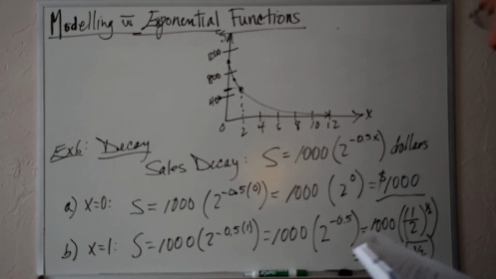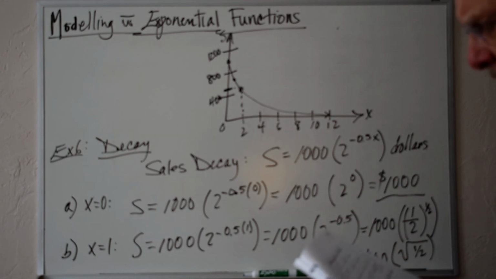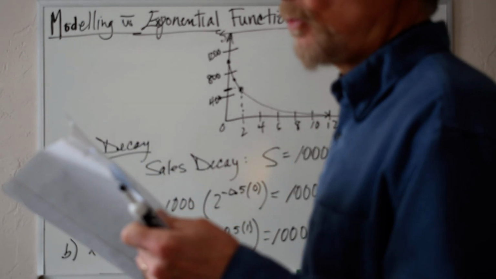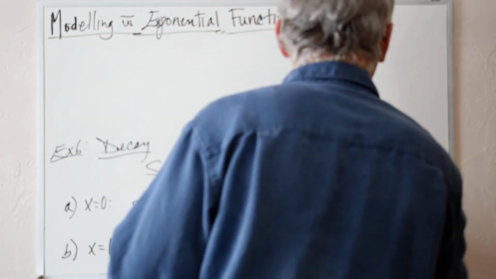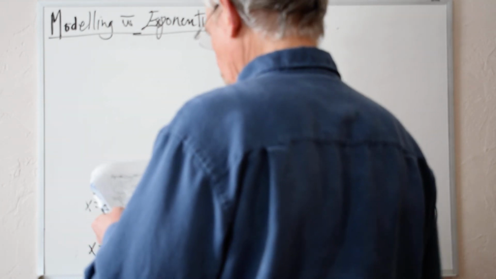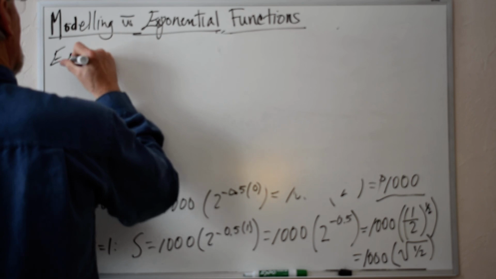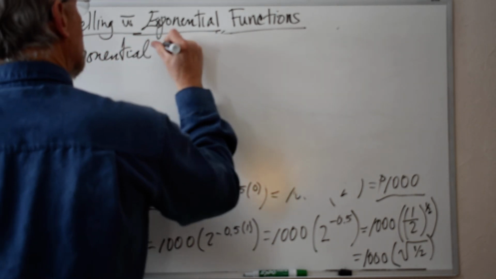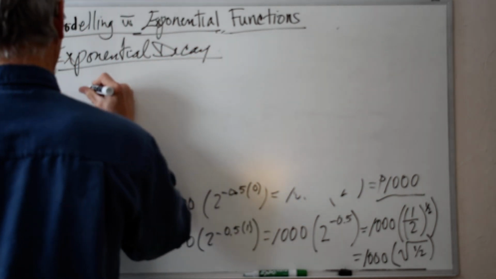So now we can talk about our mathematical model that we're using in this type of problem. The exponential decay model, this is on page 320 near the bottom. Exponential decay is this type of equation.